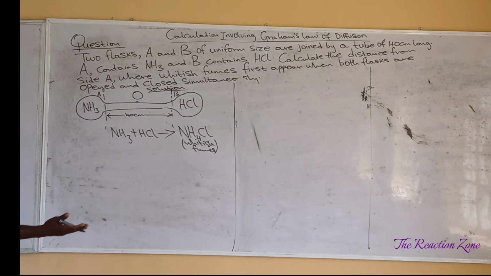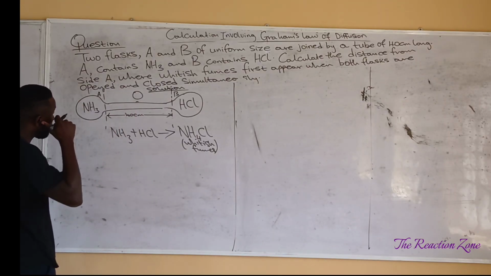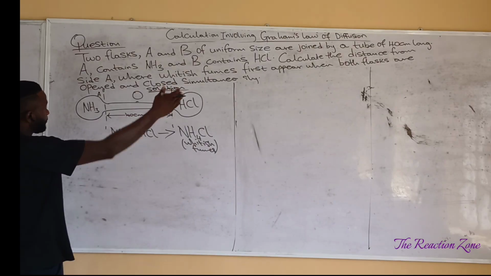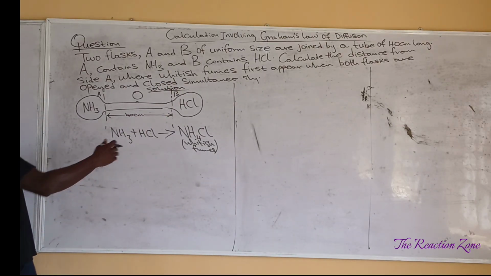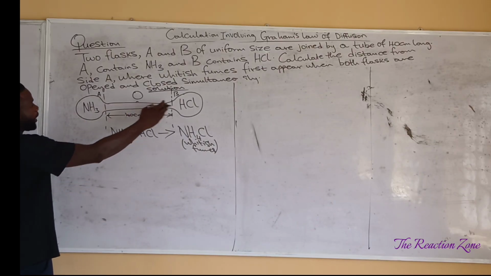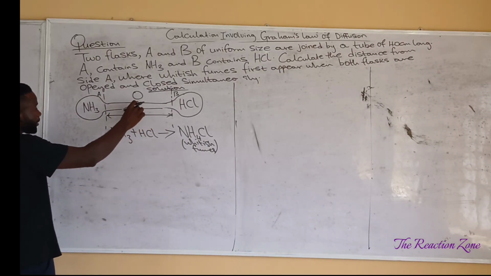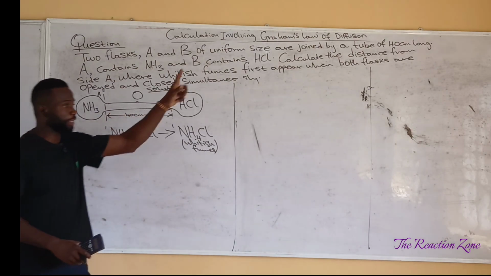Now the question is telling us to find the distance from side A, where whitish fumes first appear. We already know that the point O is the point where these two gases will first of all meet, and that is also the point where the whitish fumes will first appear.